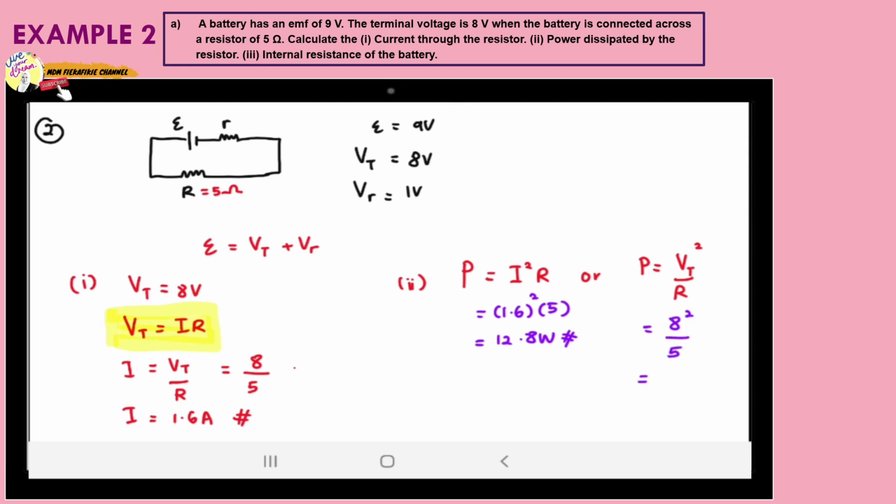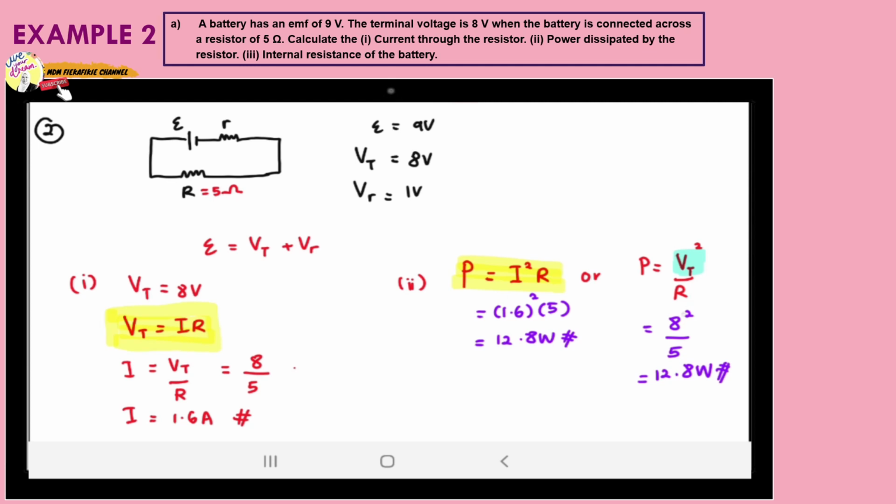Try calculating it, do you get the same? You must get the same, so we get 12.8 watt. So when you want to calculate the power dissipated in the resistor, make sure you use the equation P is equal to I squared R, the current that passes through the resistor, or you can use the equation P is equal to V squared over R, but remember that the value of V here is the terminal voltage, not the EMF. Don't substitute the EMF value 9, because the voltage across R is not 9 volt, it's 8 volt.